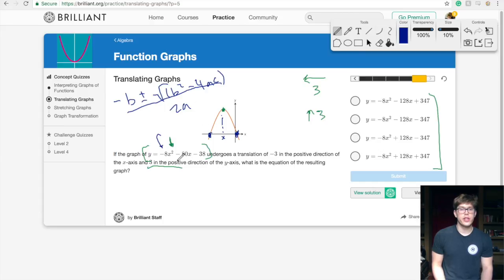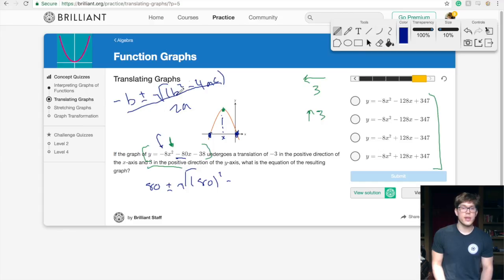And what do you do when you plug it in? Well, negative b is going to be negative 80, so this is going to be positive 80, plus or minus the square root of b squared, 80 squared, minus 4ac. It is technically negative 80, but a negative squared is a positive, so I'm just not going to clutter it up.